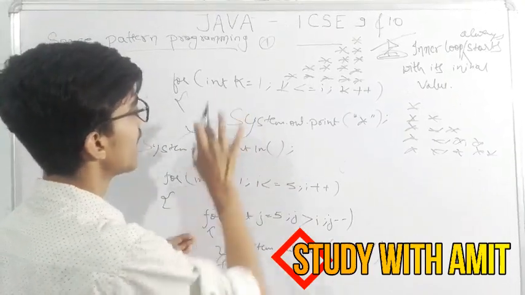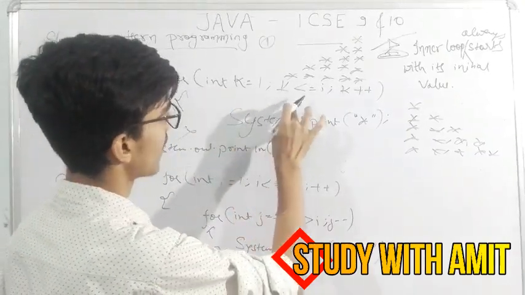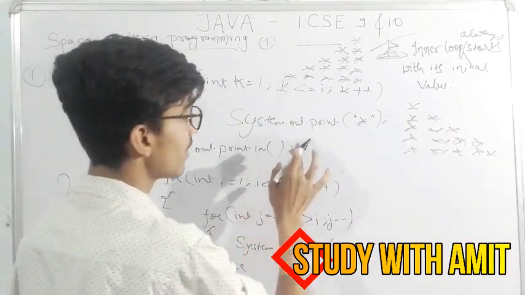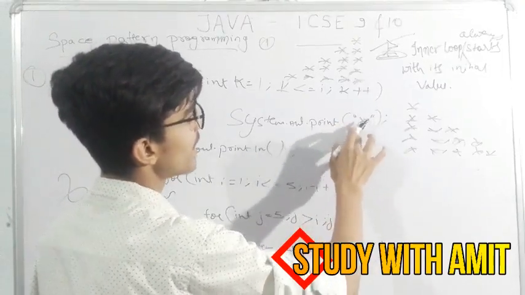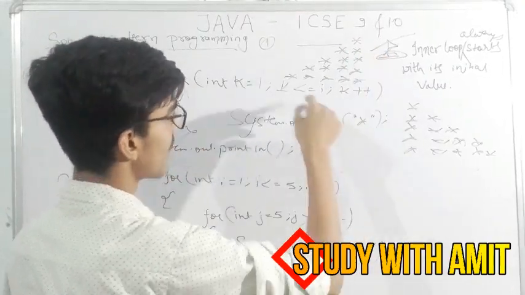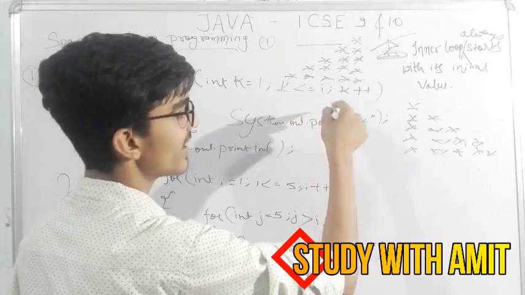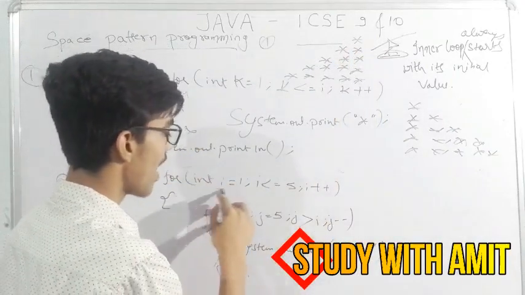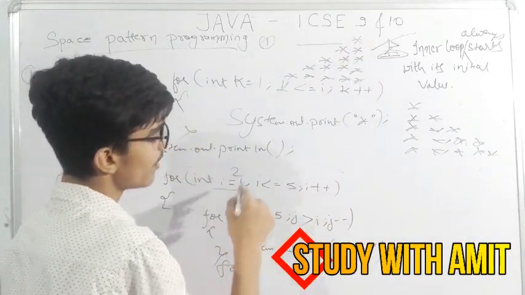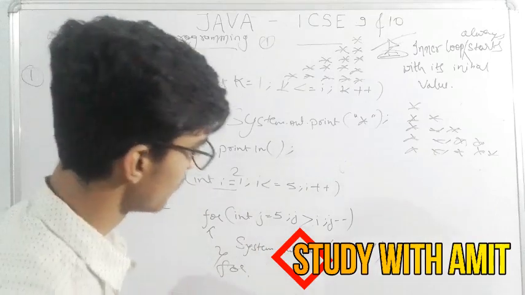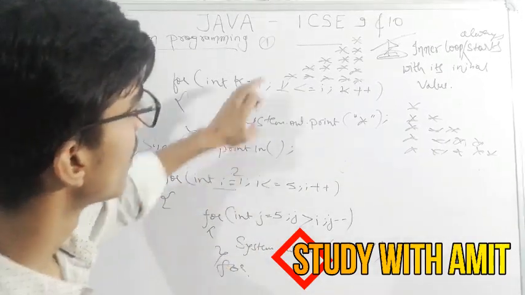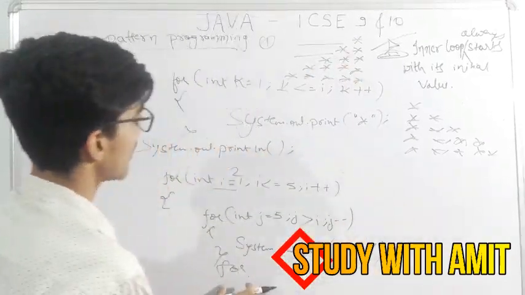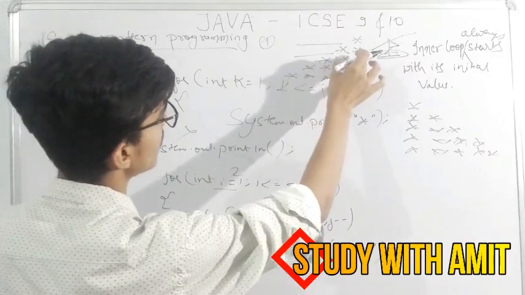Before going to i, it will go here and check, and k is 1, k is less than equal to i, equal to 1, yes, true. So it will print 1 asterisk, and the next time when k becomes 2, 2 is less than 1, no, it becomes false, so it will go to i, and the value of i will become 2, and here j will print another 3 blank spaces, and now it will print 2 stars.